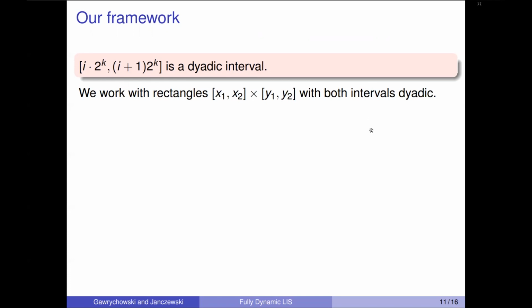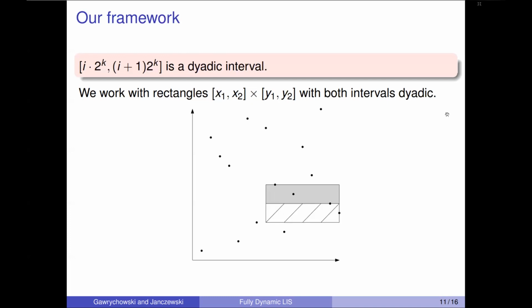And a dyadic rectangle is a rectangle with both sides being dyadic intervals. So we can use this definition to decompose such a dyadic rectangle. Namely, a dyadic rectangle can be decomposed into either an upper and lower dyadic rectangle, right? Or it can be decomposed into a left and right dyadic rectangle. And then this forms our decomposition into rectangles.